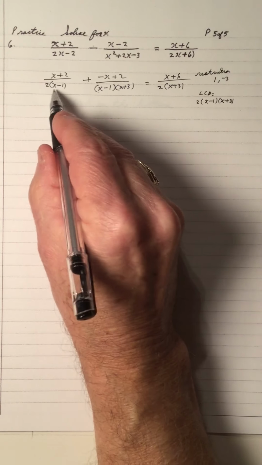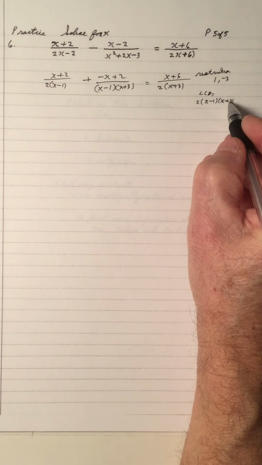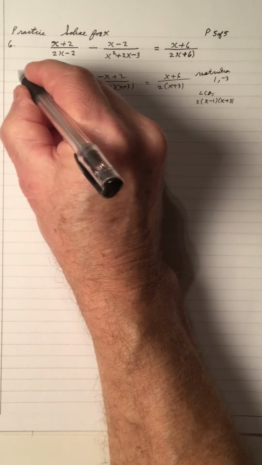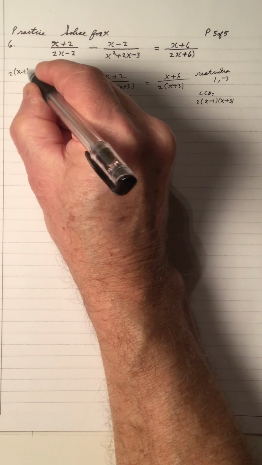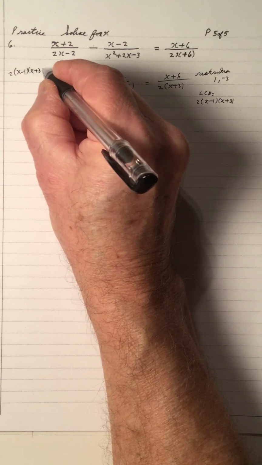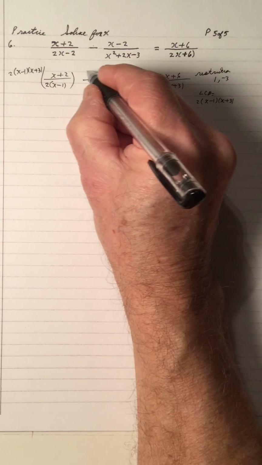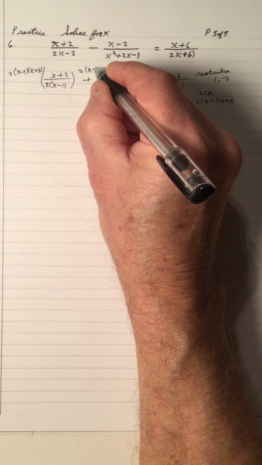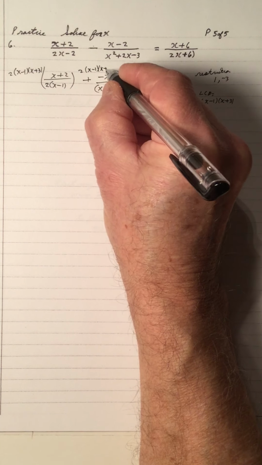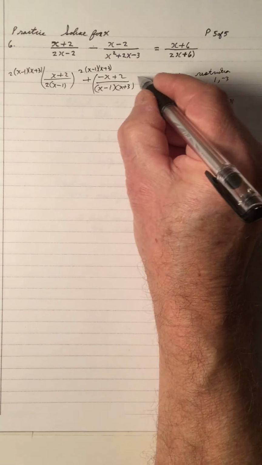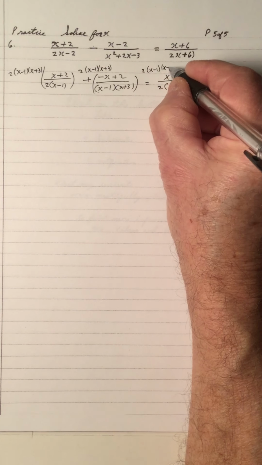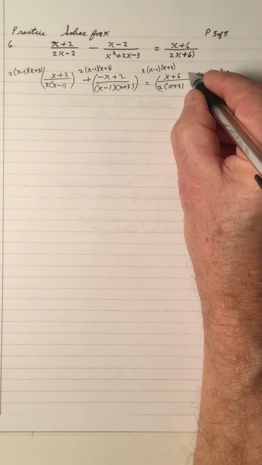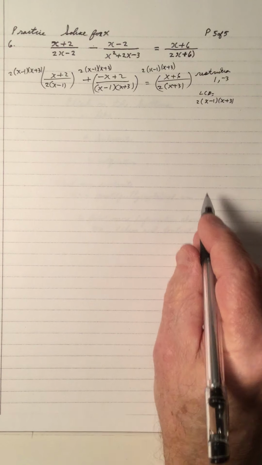I have to have a 2, x minus 1, x plus 3. Just be careful. And it's 2 times x minus 1, x plus 3 times this one. And 2 times x minus 1, x plus 3. It takes longer to write it down than it is to do it.